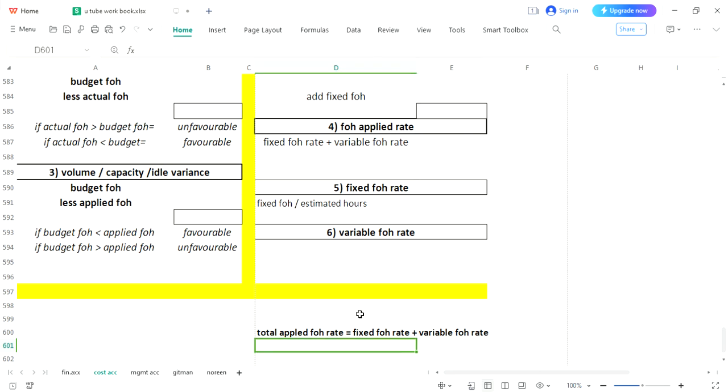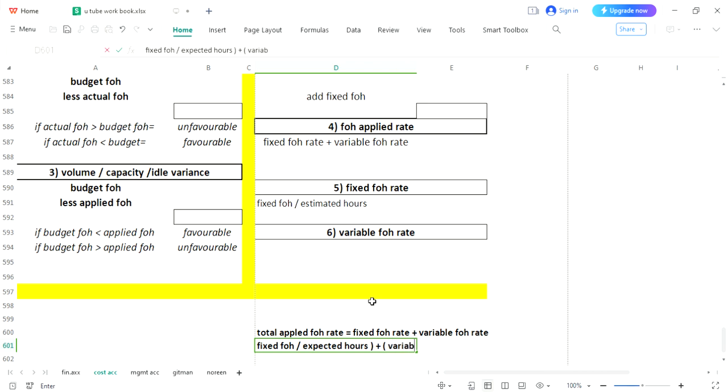For fixed FH rate, what do you do? Fixed FH would be divided by estimated hours over here, but here we will use expected hours because in the question we are focused upon expected hours.